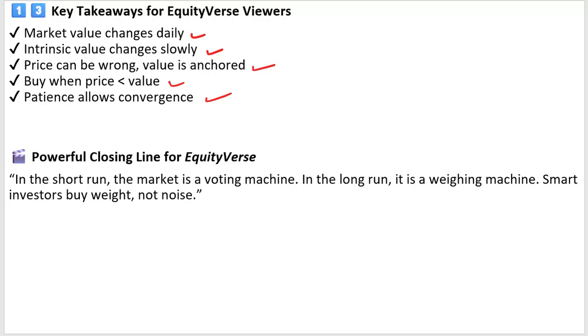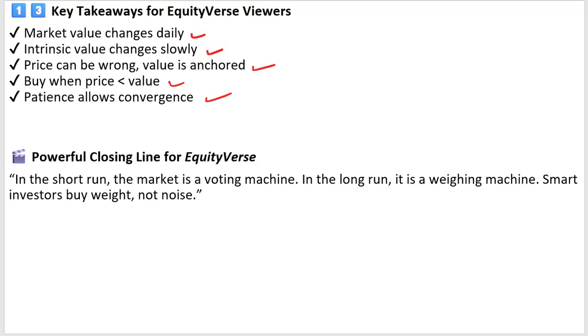Here is a detailed analysis of this quote. This famous quote by Benjamin Graham, popularized by Warren Buffett, means that short-term stock prices are driven by emotional popularity and sentiment, which is called voting, while long-term prices reflect a company's actual fundamentals such as earnings and cash flow, which is called weighing.